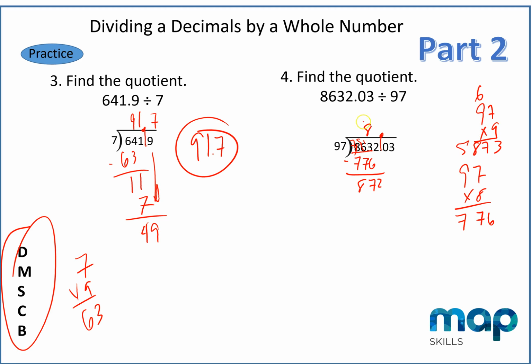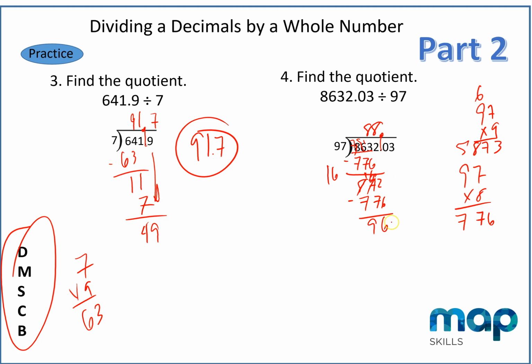So that's a little bit too big, so I'm going to try 8 one more time. So I have 776. I subtract. 12 minus 6 is 6. I had to borrow from that. So that's 16 minus 7, 96.